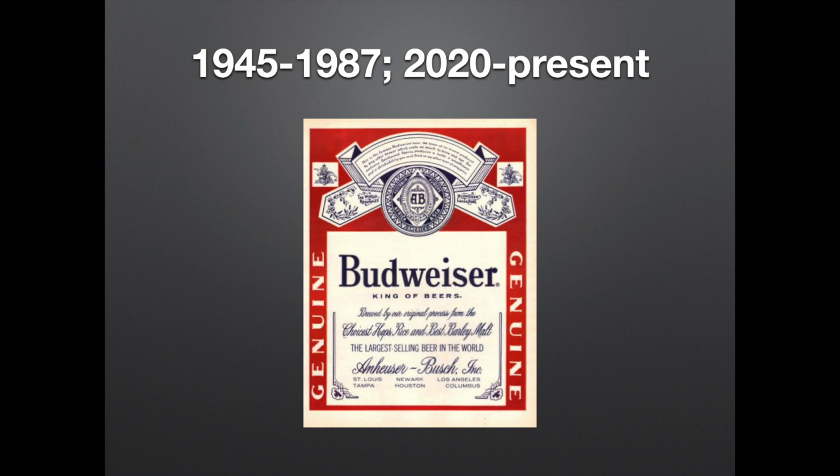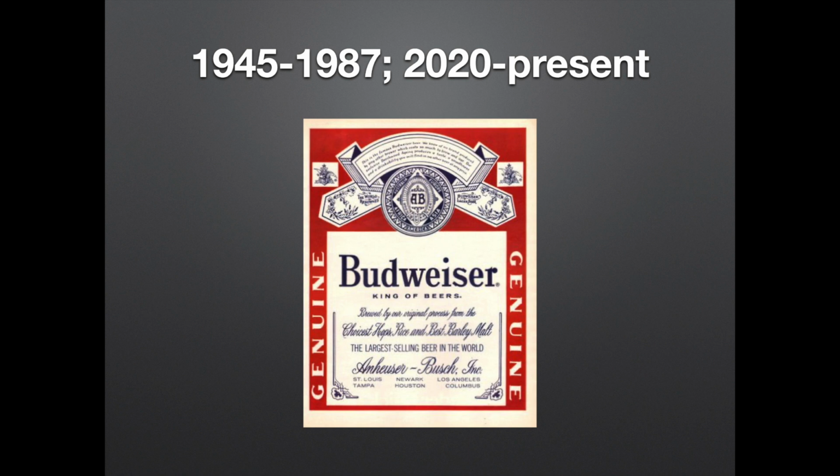And below the banner, we have the words Budweiser and King of Beers in blue text. And below those words, we have some script that reads, brewed by our original process from the choicest hops, rice, and best barley malt. That was pretty weird to read. And below that, we have the words, the largest selling beer in the world in blue text. And then we have Anheuser-Busch Inc. at the bottom as well.